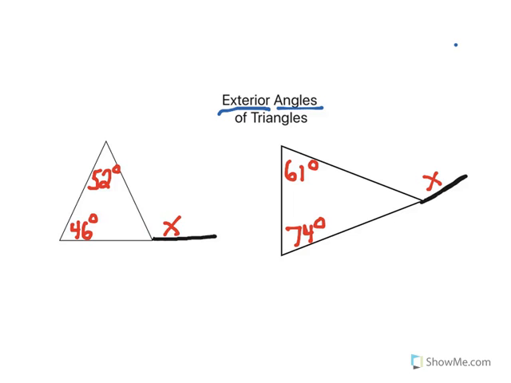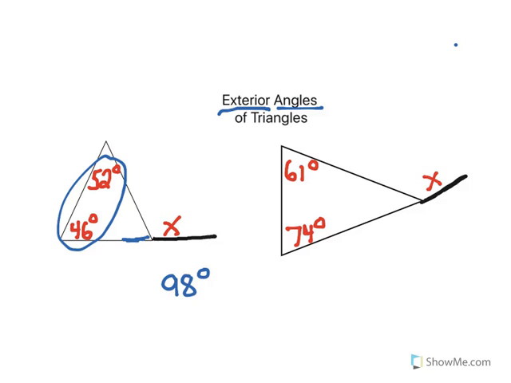All right. We'll start by actually finding this angle right here because that will help us find our angle X. The way that we did this last week is we knew that there was 180 degrees in a triangle. So we would add these two angles up, 52 and 46, and I would get 98 degrees.